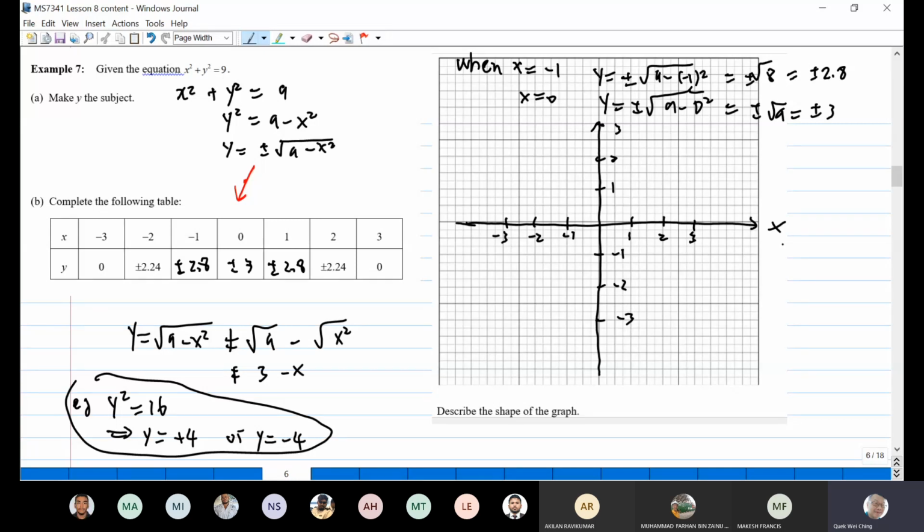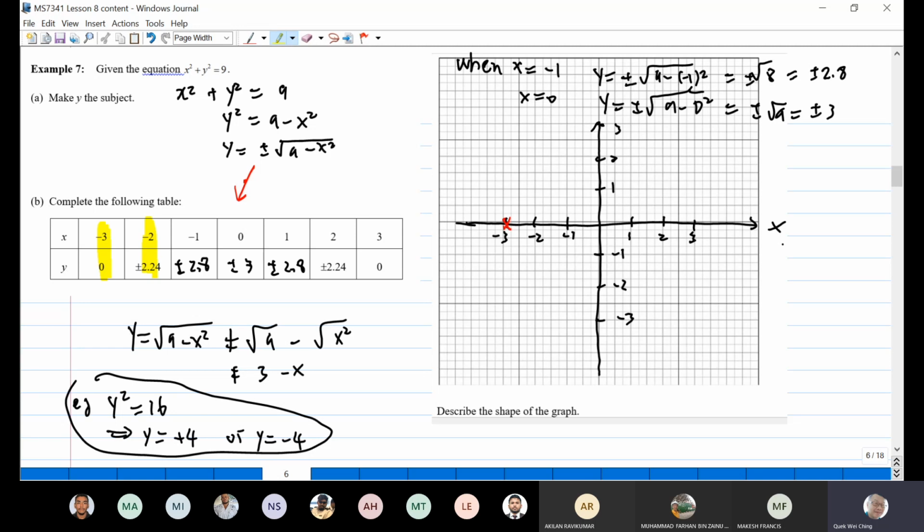Okay, from there, you can plot the points now. So I start with x equal to -3, y equal to 0. So we get 1 point, x equal to -3, y equal to 0 here. And then the second point, when x equal to -2, plus or minus 2.24.